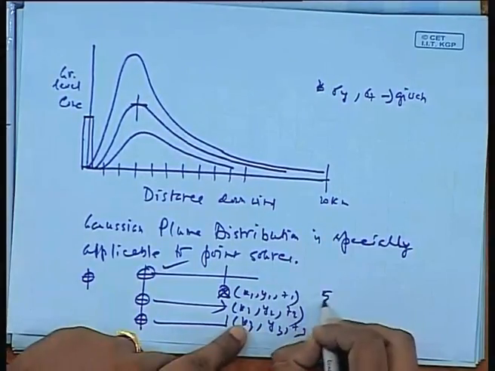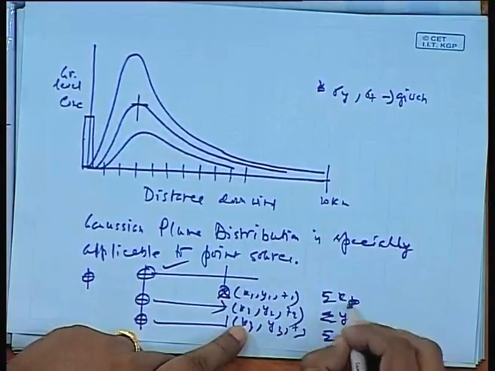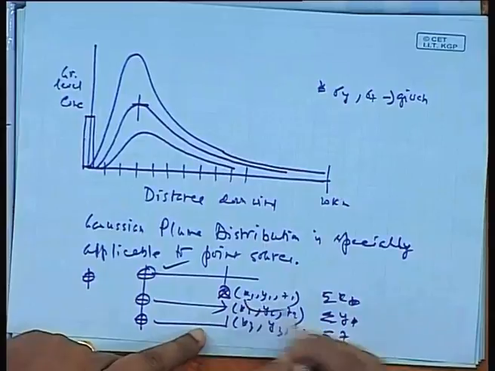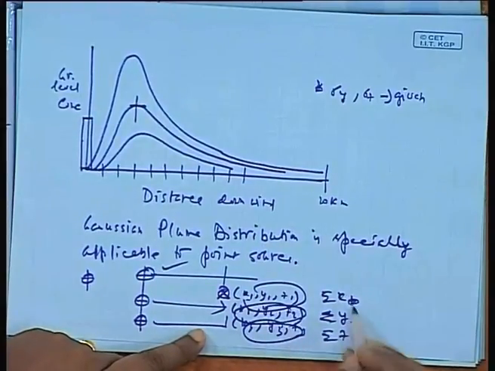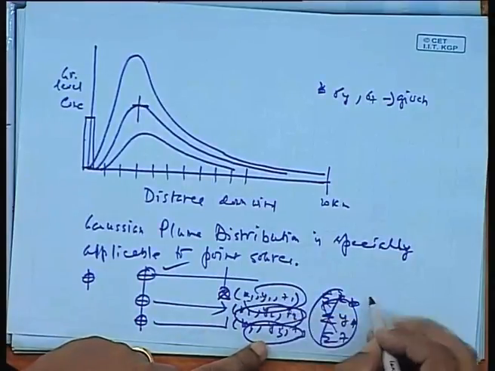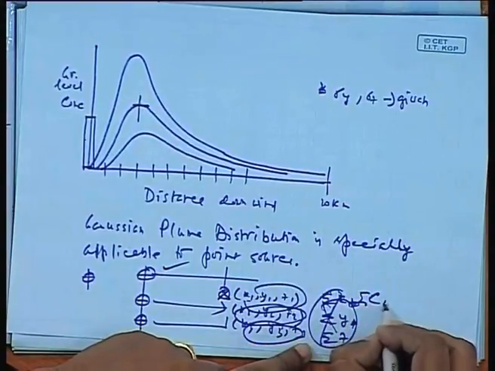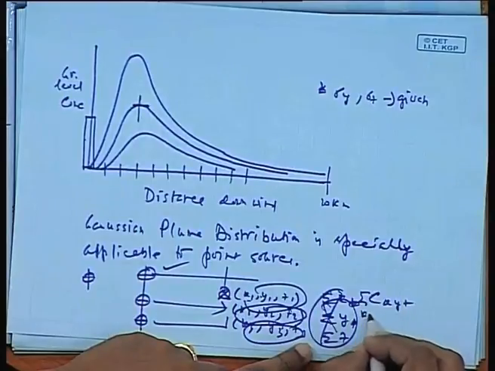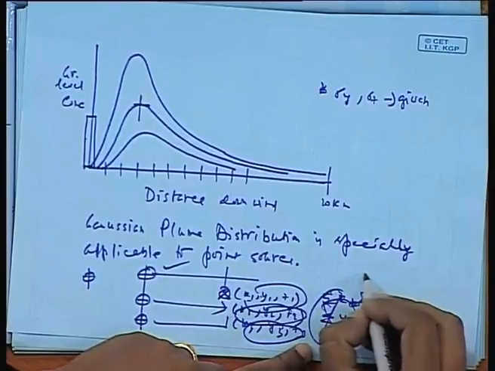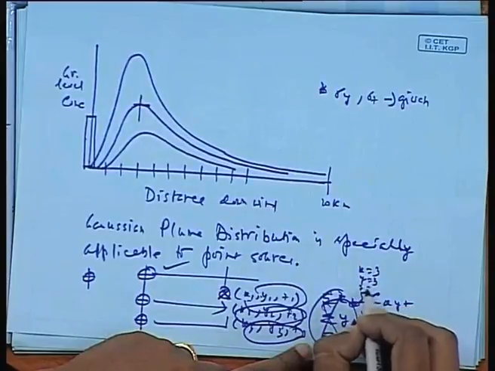We use sigma y and sigma z to find the concentration at this point. So C is a summation of C(x, y, z), where x is 1, y is 1, z is 1, to x is 3, y is 3, z is 3, which can be computed.